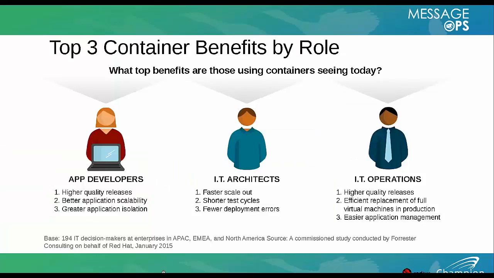So what are the top 3 benefits based upon the role? In IT, we have our 3 primary roles. We have app developers, IT architects, or in a lot of cases your CTO falls into this line, and your operations people. On the app dev and the IT operations side, it gives them a higher quality of release for their application.